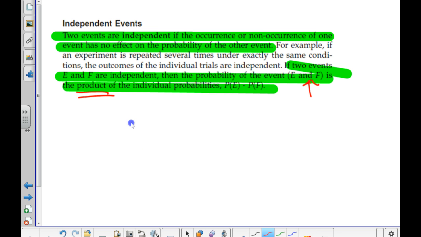We did this last week when we said, like, if you roll, what's the chance I flip a tails and I roll and get a 6? It's 1 out of 12. Okay, 2 totally independent events.